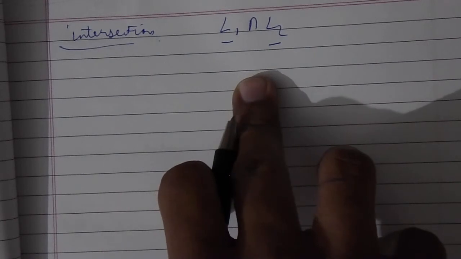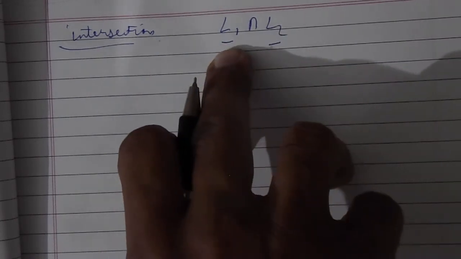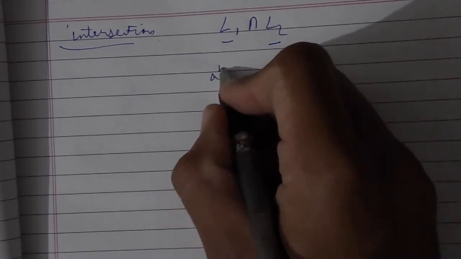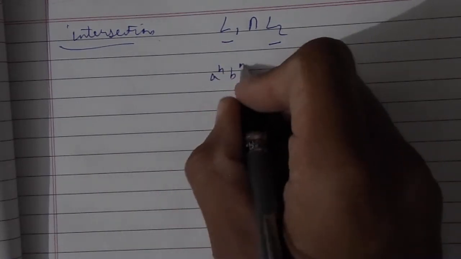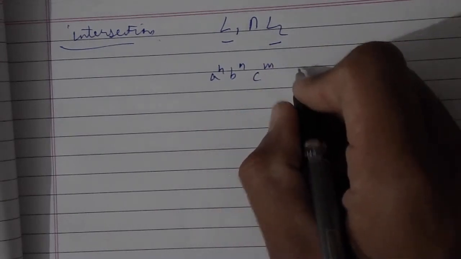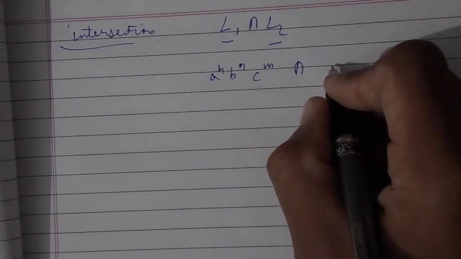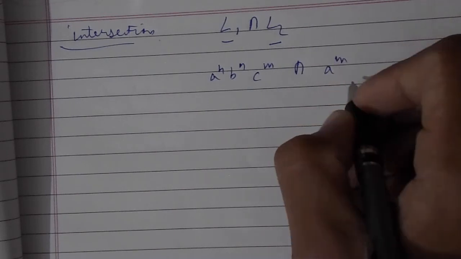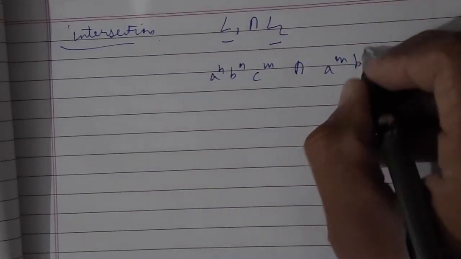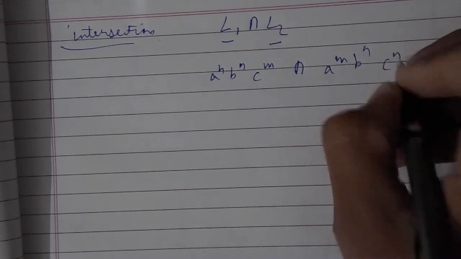Let's take L1, which is a raised to power n, b raised to power n and c raised to power m, and intersection with L2, for which I am not taking the same as in the previous, I am taking a different one now: a raised to power m, b raised to power n, c raised to power n.